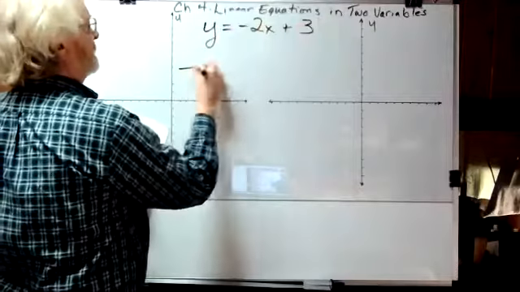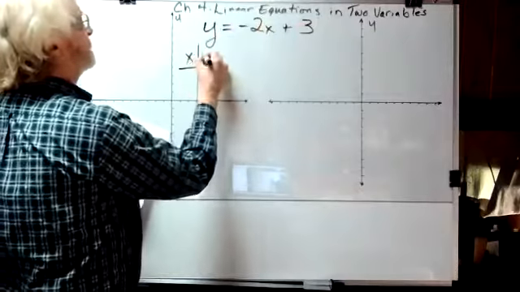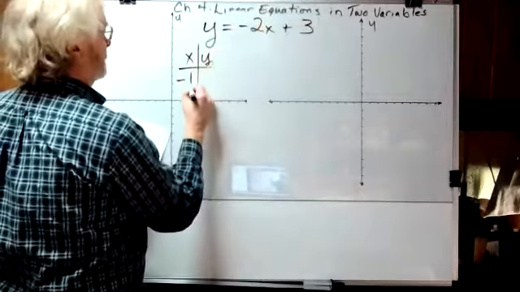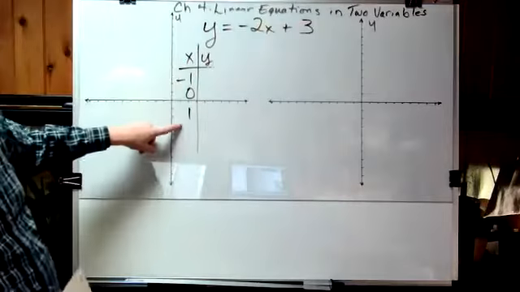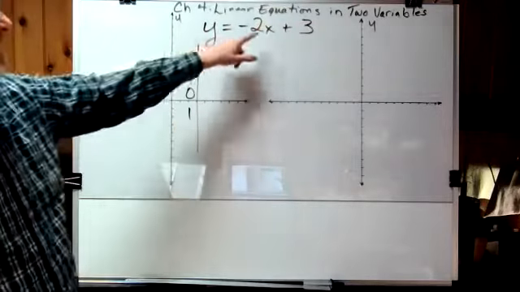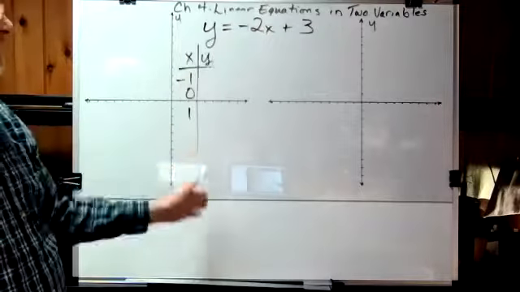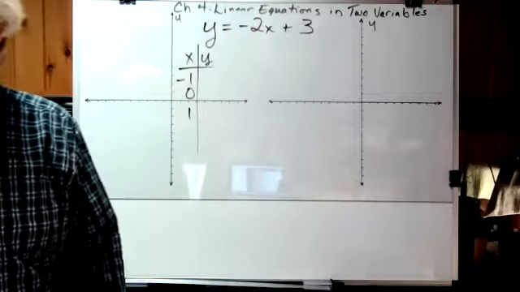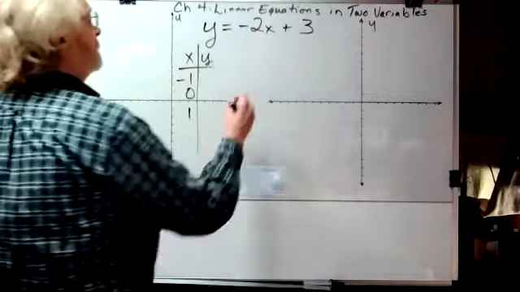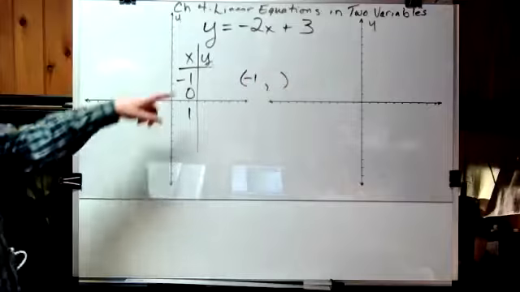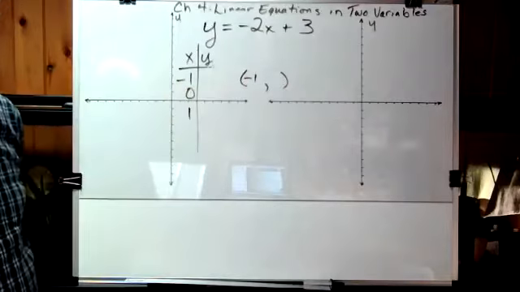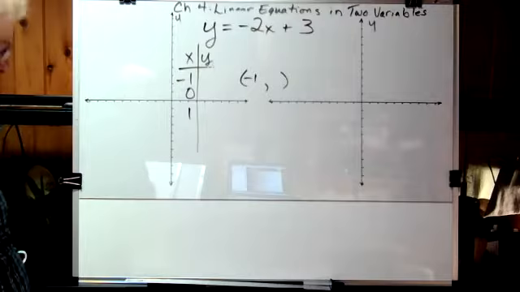All right, I'm going to give you some numbers. Can you plug in these 3 values to that equation and find the corresponding y value that goes with it? Right now, I know I've got the first half of my ordered pairs. I need to find the y that would go with it.